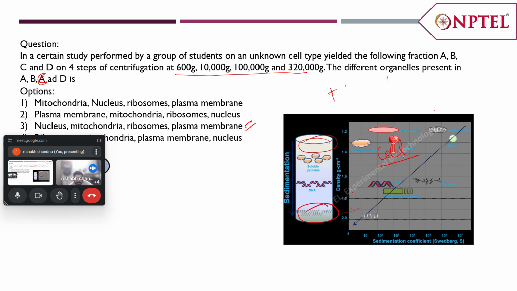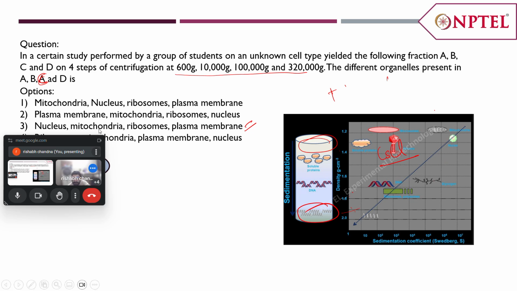Now if we see, the soluble proteins would be the bottom ones, followed by the microsomes, the viruses, DNA, and then the ribosomes. The first thing that actually separates is the heaviest one.